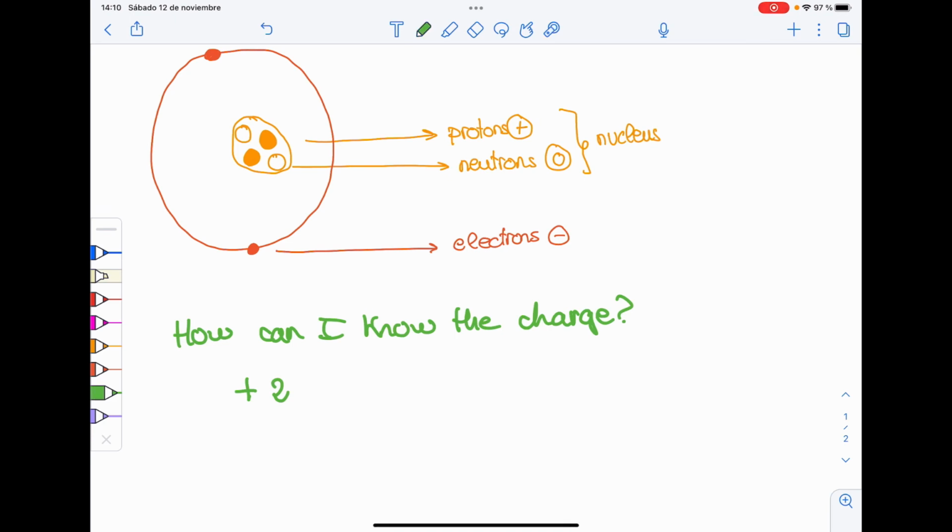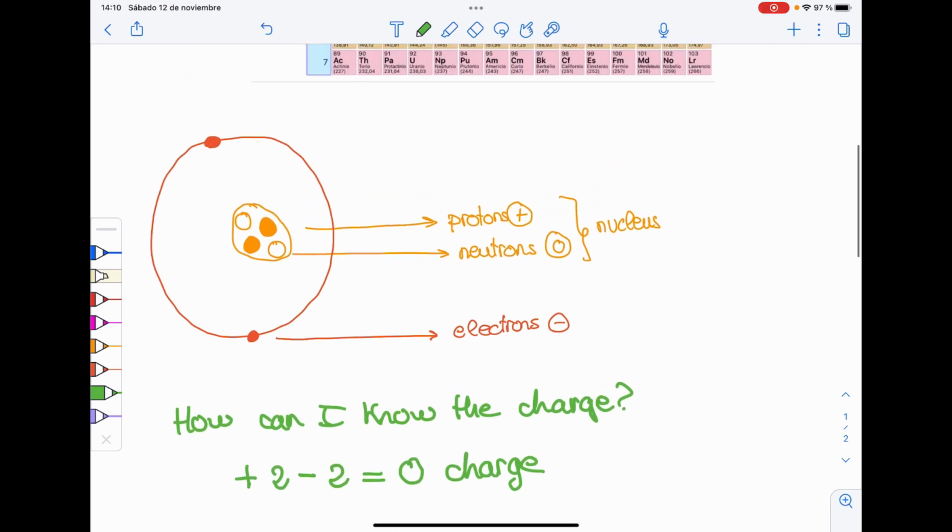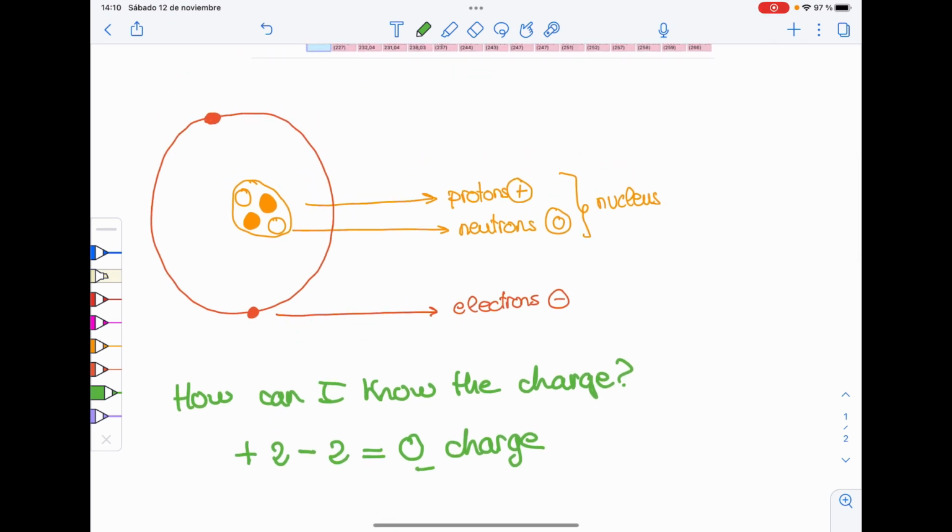And then minus 2. Why minus 2? Because I have 1 electron here and then 1 electron here. So if I add these two numbers, the total charge of this atom is going to be zero. Okay, so when it has zero charge, I'm only going to call this an atom of helium.